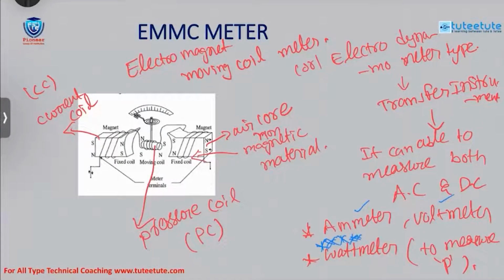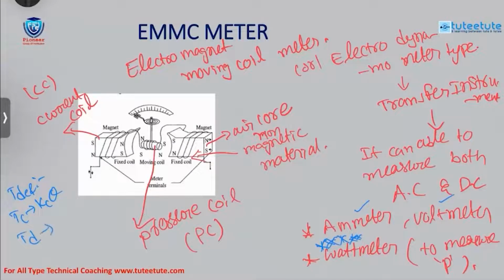Is it clear? Coming to torques, we will see what are the different torques occurring. The first one is deflecting torque. Whatever the measuring quantity is, the same quantity is going to cause the deflecting torque. Next, the controlling torque is developed by the spring mechanism, Kc theta.